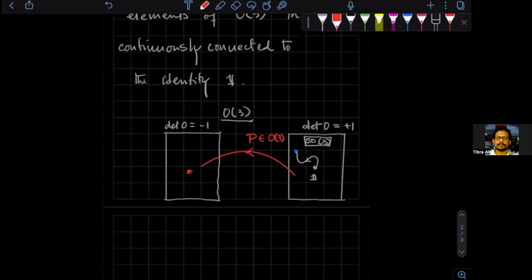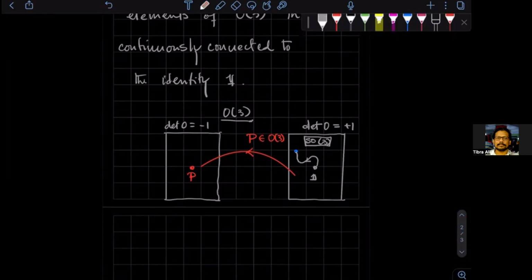So if we apply, for example, P, the element corresponding to the identity after we apply P is P itself, right? Okay, so this is the geometrical picture of SO3, which is sitting inside O3.